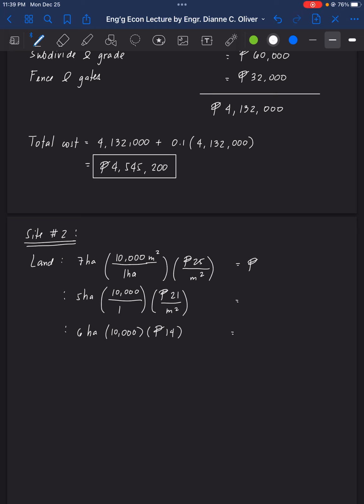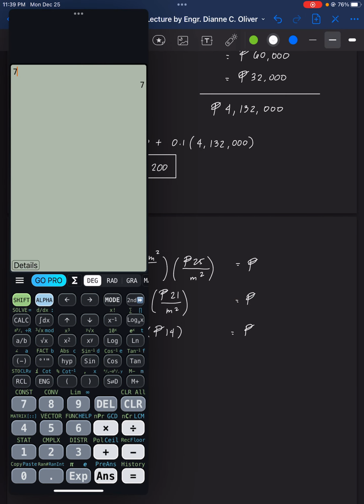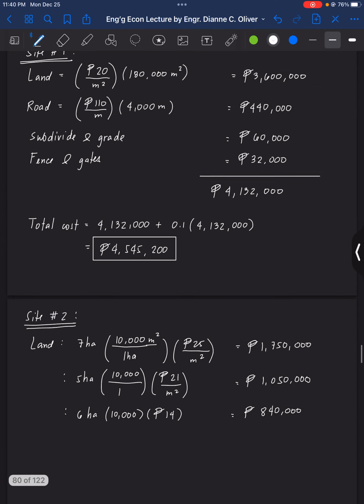So how much are these? The first one is 70 times 25, which is 1,750,000. The other one is 50 times 21, which is 1,050,000. Then the other one is 6 hectares times 14, so that will be 840,000. So that's for the land.